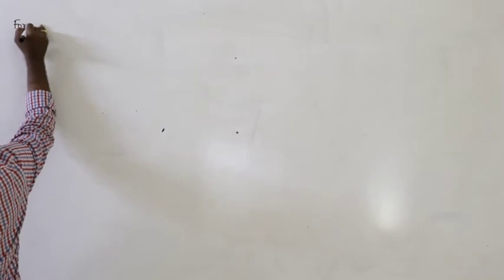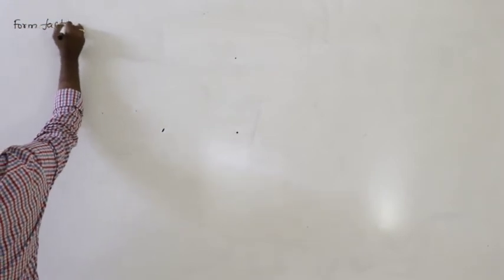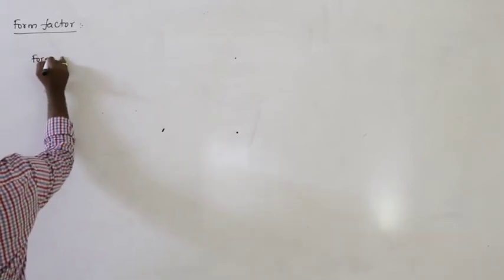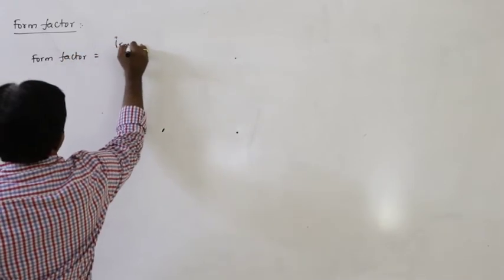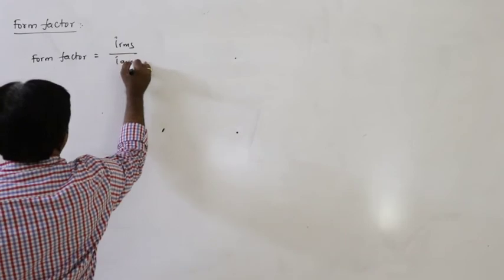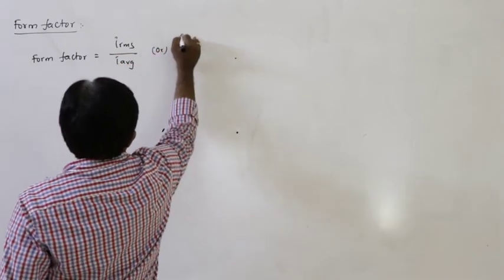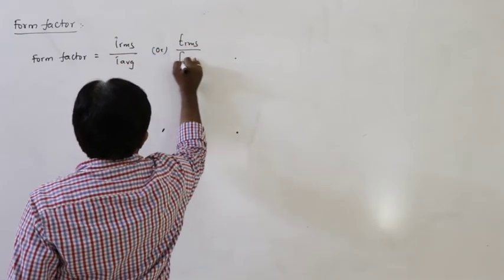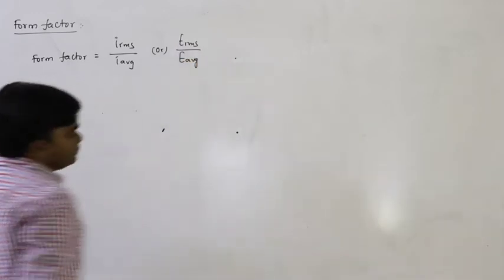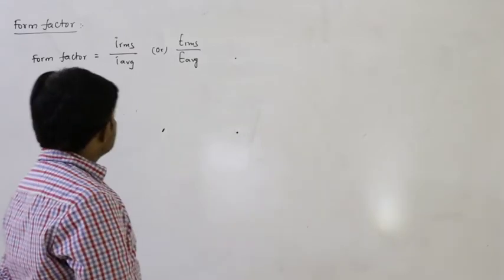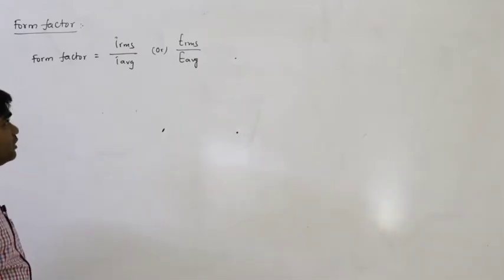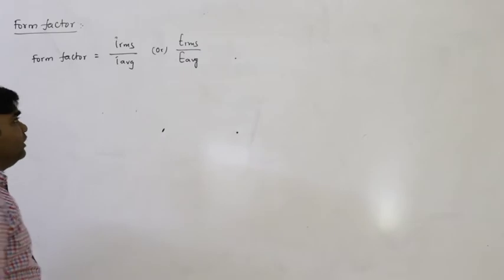Next, form factor. What is the form factor? Form factor is defined as I RMS divided by I average, or E RMS divided by E average.